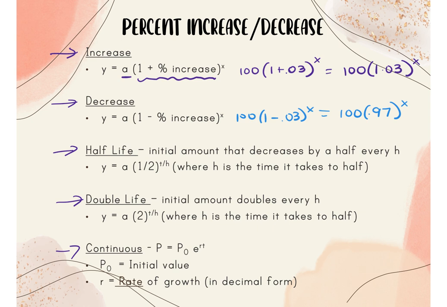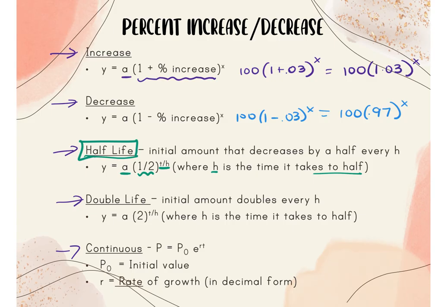Then there are 2 special ones that are half-life and double life. Half-life means literally that what you had at the beginning is now half the amount. So it's the initial amount that decreases by half every h amount of time. Your equation is the initial amount times one half, because that's what's left, raised to the t over h, where h is the time it takes to get to the half, and t is the amount of time.